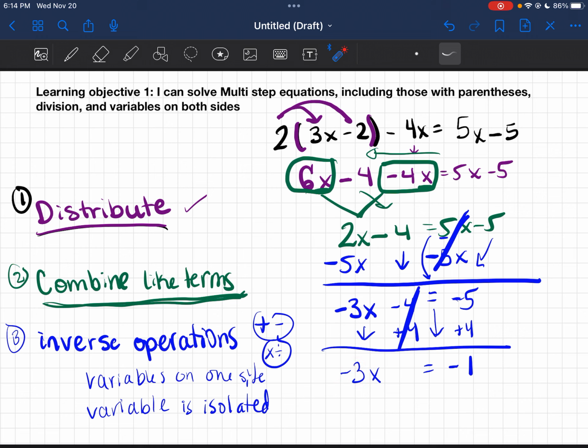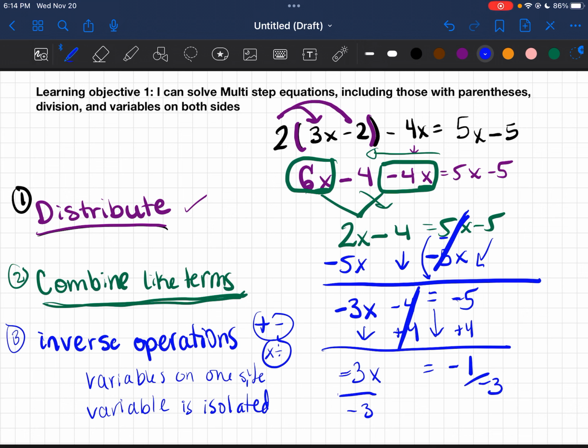But when a number and a letter are together, that represents multiplication. So I'm not going to add 3 to both sides because what is happening here is multiplication. So instead, I'm going to divide by -3 on both sides.